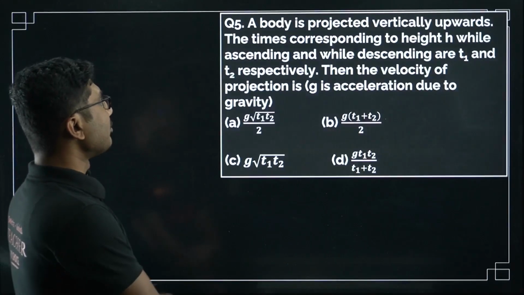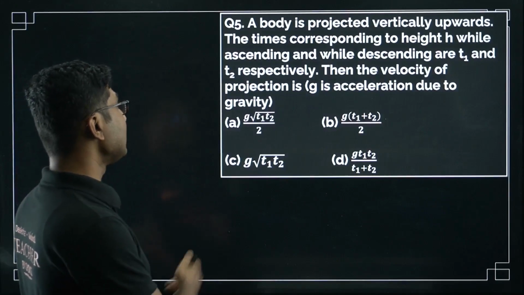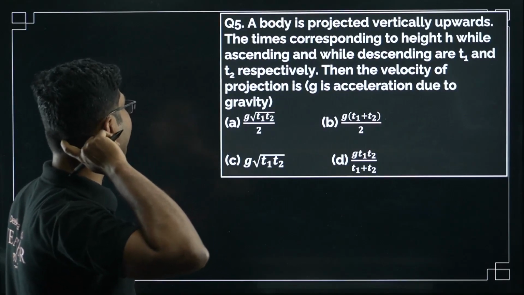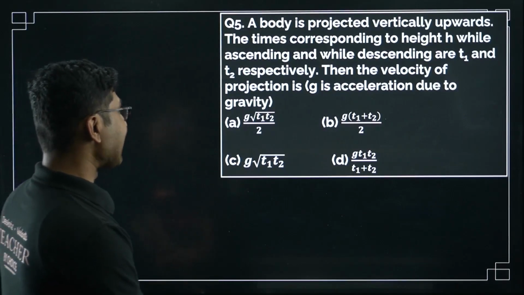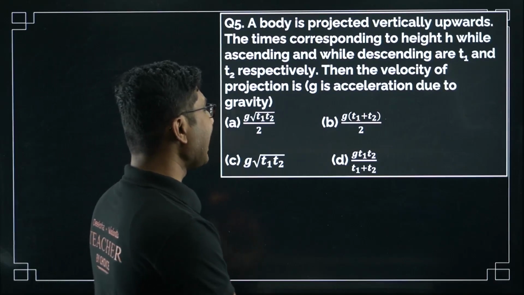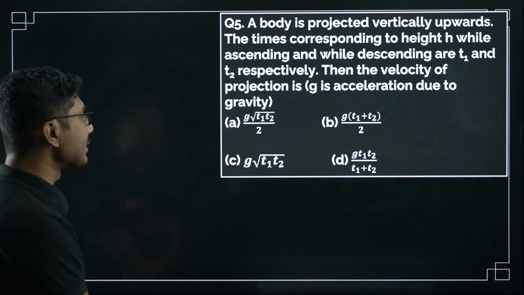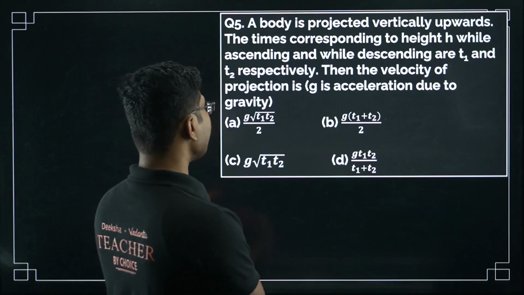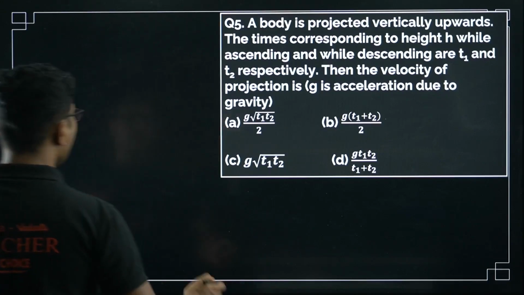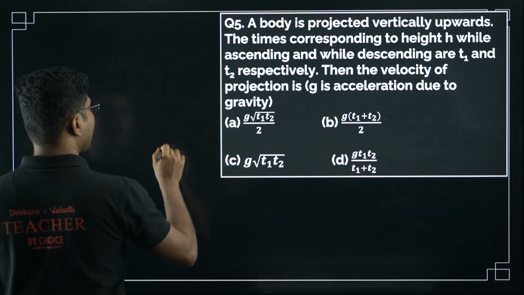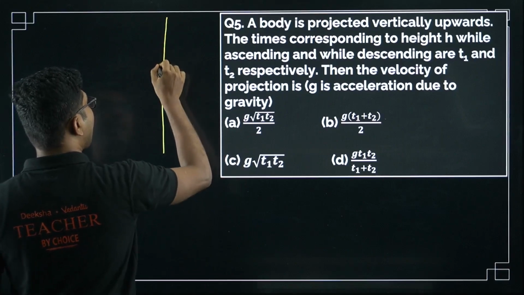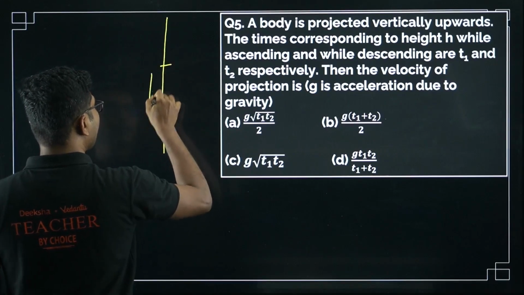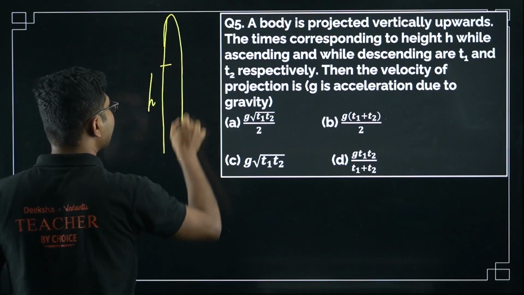A body is projected vertically upwards, and the times corresponding to height h while ascending and while descending are t1 and t2 respectively. Then the velocity of projection is... a very tricky question. If you throw an object, it will reach some height h from the ground, and while coming back it will reach the same height.